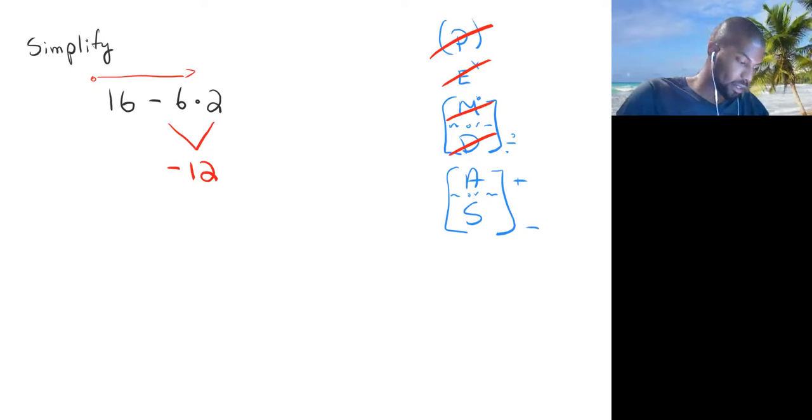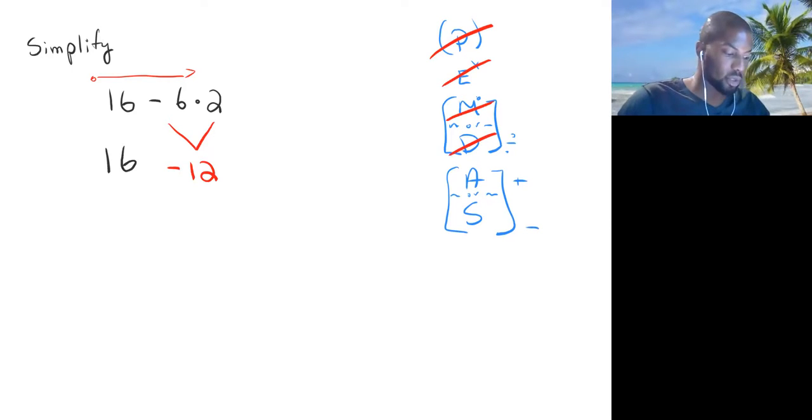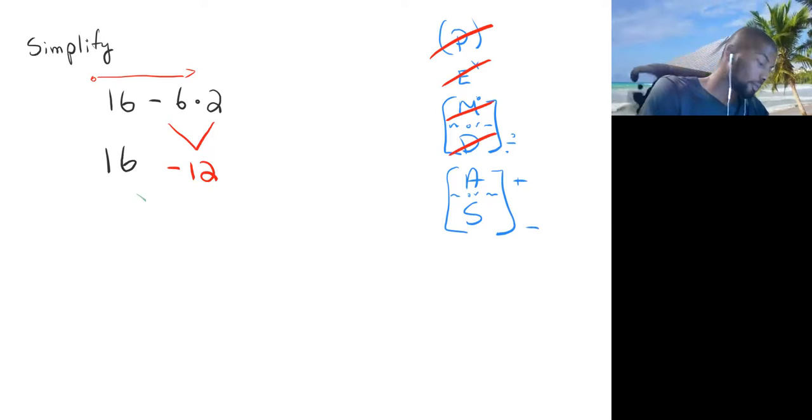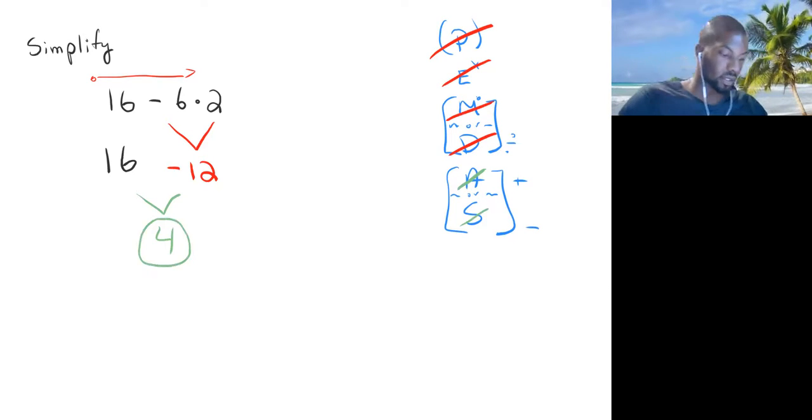Well, technically I do. I have a 16 here, and it is subtracting 12. So 16 minus 12 is 4. And then I realize that there is nothing else I can do, and that is my answer. The answer to 16 minus 6 times 2 is 4.